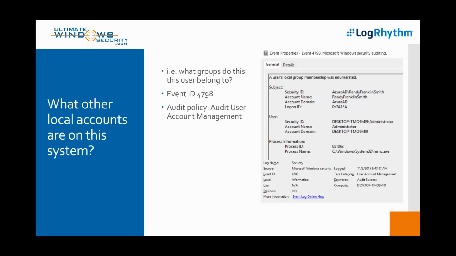All right, so a new event from Microsoft beginning in Windows 10, and it's also now here in Windows 2016 Server, and that is event ID 4798. A user's local group membership was enumerated. And here's the cool thing.